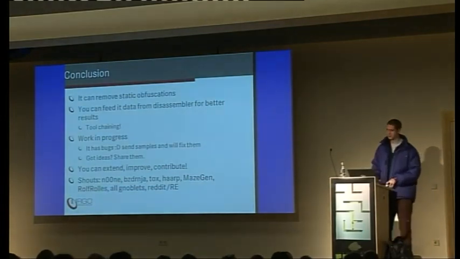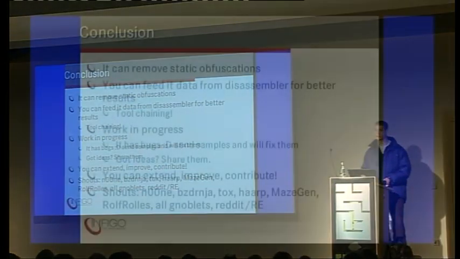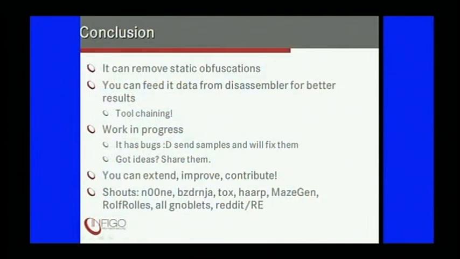So conclusions. It can remove static obfuscations pretty easily. You can feed it data from a disassembler, so you get added value over the classical pure static analysis. You can toolchain this. So you have a disassembler or code instrumentation framework you normally use.